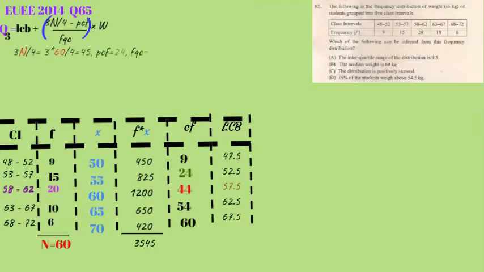To see which class interval we have to observe, we will multiply 3 times the total number of frequency divided by 4. It will give you 45. So you have to look at the 45 cumulative frequency. The cumulative frequency at 45 will give you the interval from 58 to 62. For that, the LCB is 57.5.